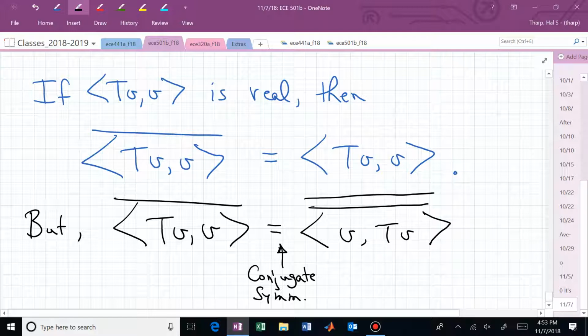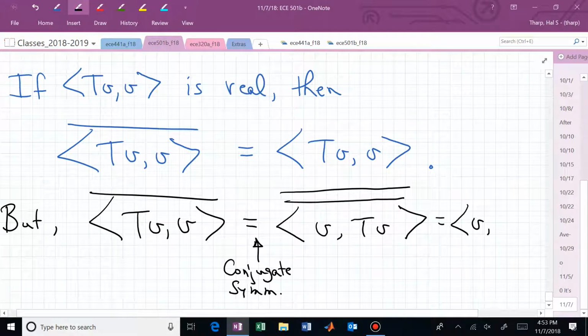I switch the slots and I conjugate it. But what happens when I conjugate a conjugate? I go back to what I started with, so now I can say that that's VTV.